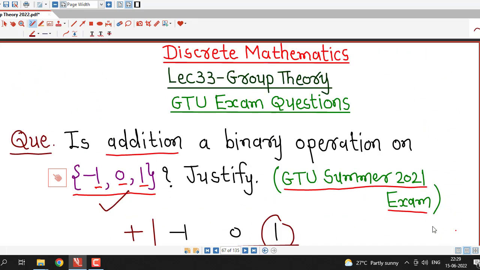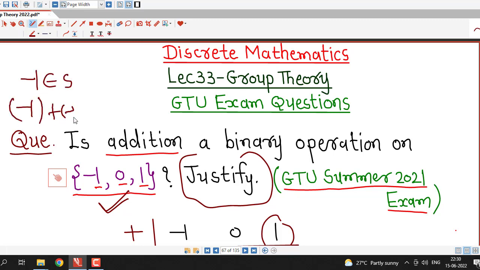So if closure property is satisfied, then we can say that the given operation is a binary operation on the given set. And in this example we can say that addition is not a binary operation on this set, and the justification is that -1 is in S, but -1 plus -1 equal to -2 is not in S. So we have to write only this part.